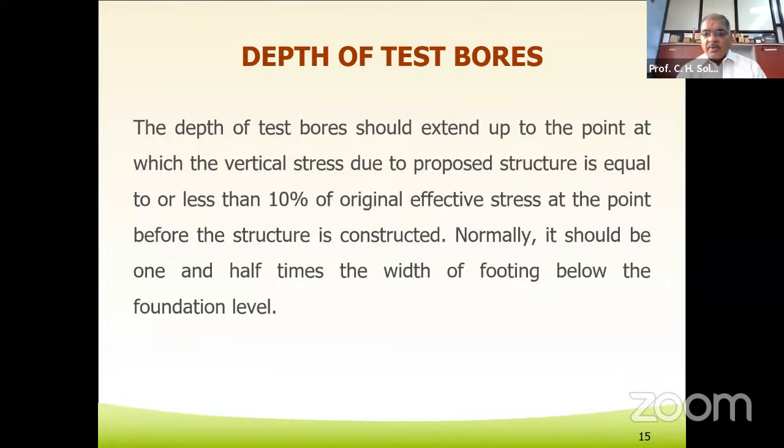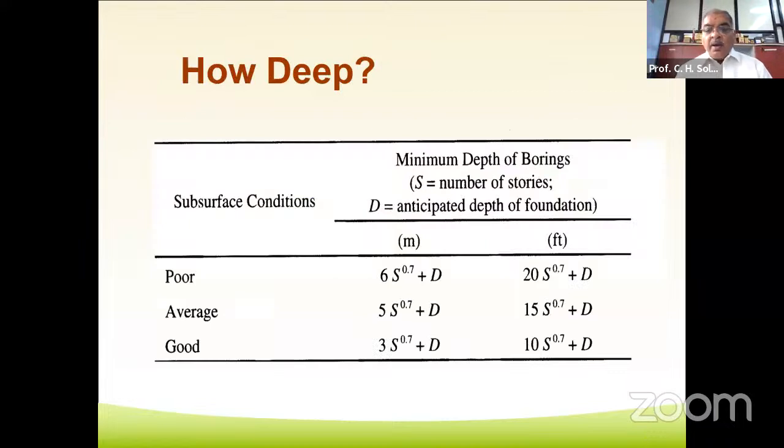In general, we go for a depth of exploration of 1.5 times to 2 times the width of the footing below the depth of the foundations. But in case of adverse conditions, we may have to go for deeper explorations. How will you go about it for different subsurface conditions?